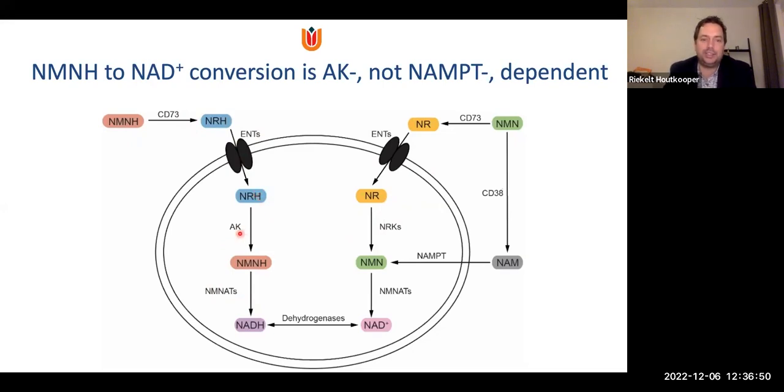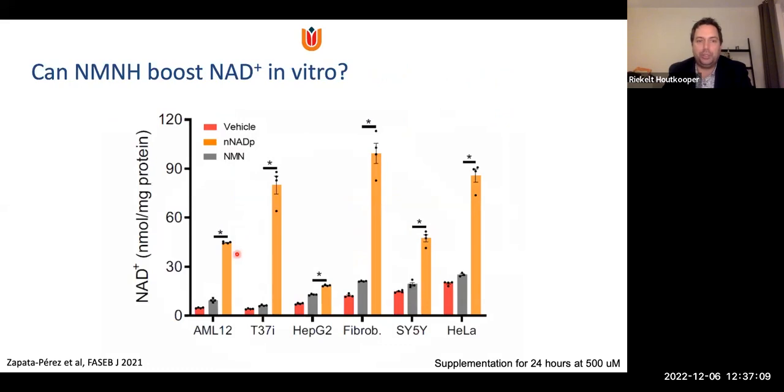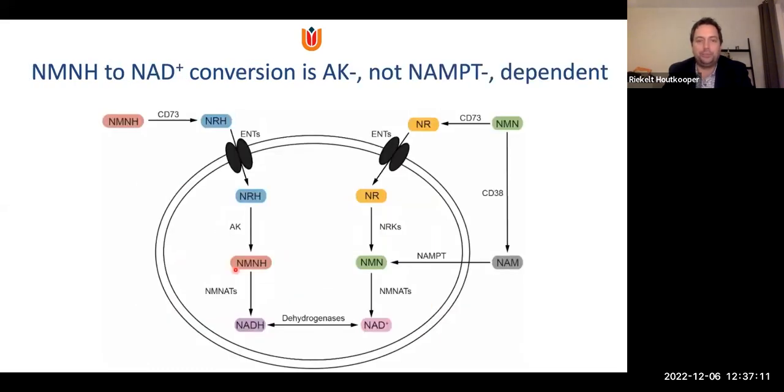And then it's the adenosine kinase which actually catalyzes the following step. So there is a difference at the level of this phosphorylation step, which seems to be the main driver of this differential response between NMN and NMNH.